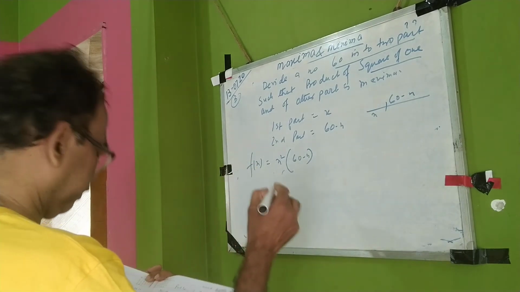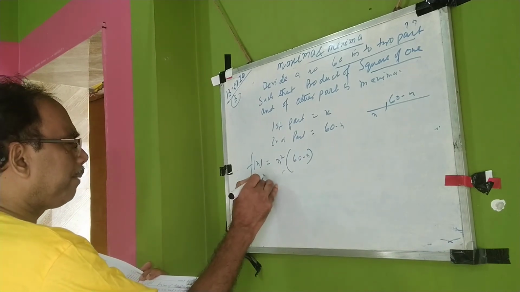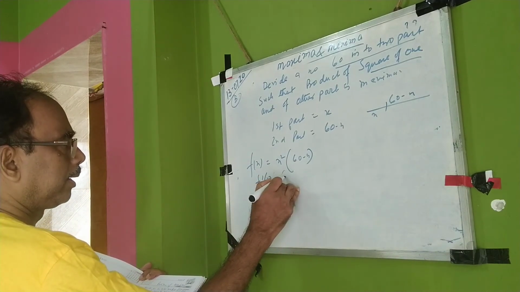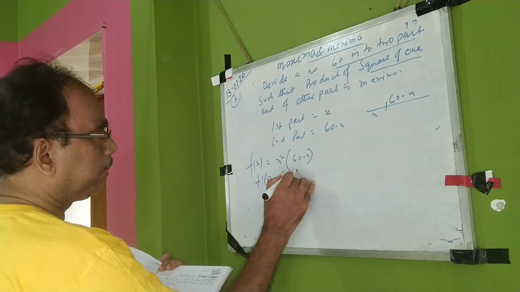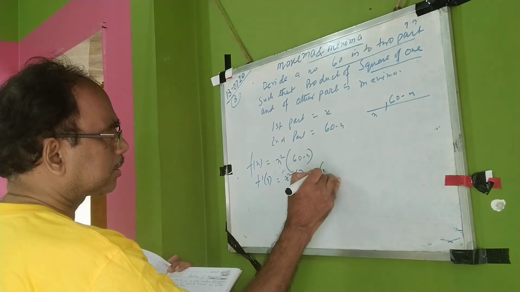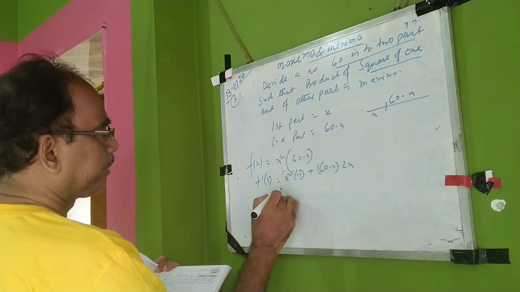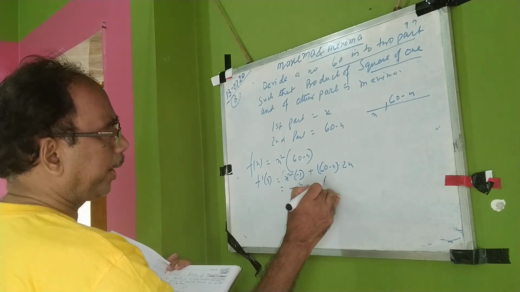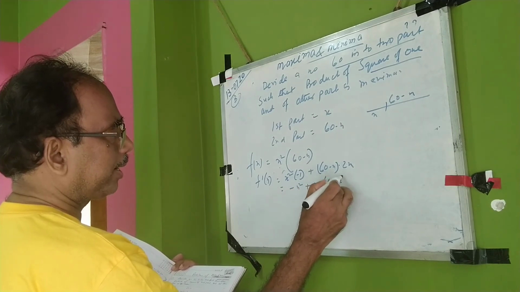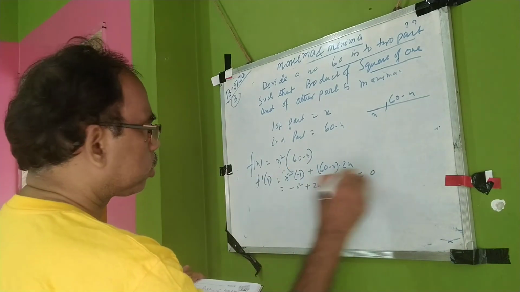Now you have to find f dash x. X square is common. Differentiating, it is minus 1 plus 60 minus x is constant, it will be 2x. That is minus x square plus 2x into 60 minus x. You know f dash is 0, therefore this equals 0.